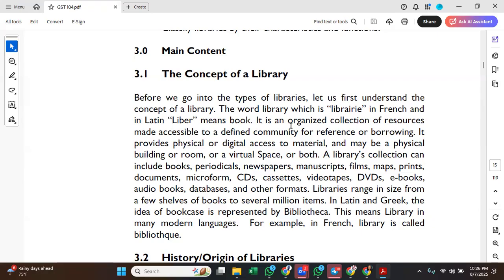So that is the meaning of defined community. Every library has a predetermined agenda why it was created, and that purpose serves only a defined community. There is no library that is for everybody. Now we have public libraries actually, but even the public library has its own restriction.